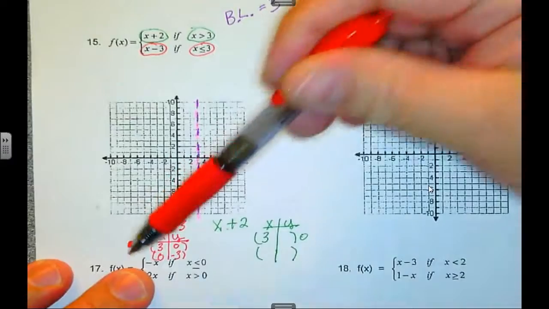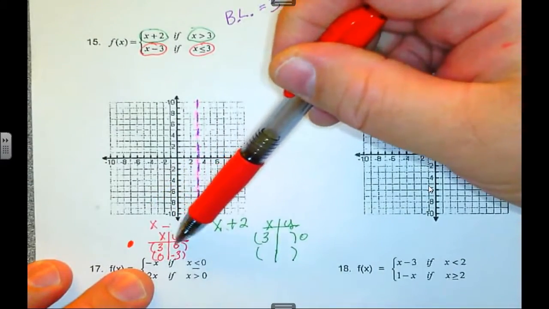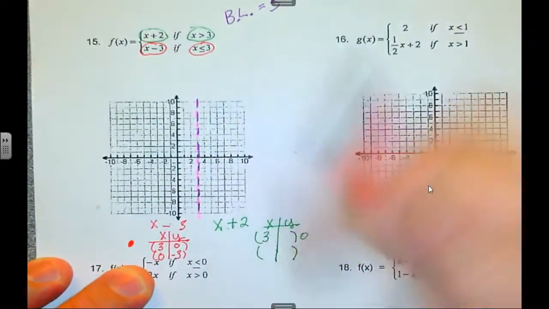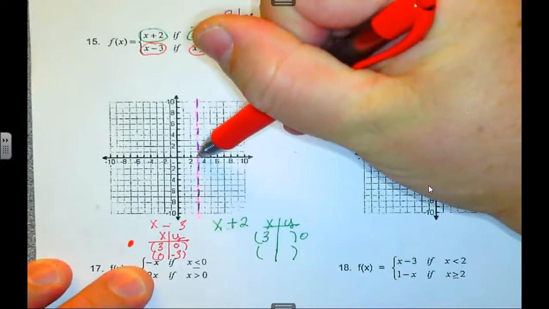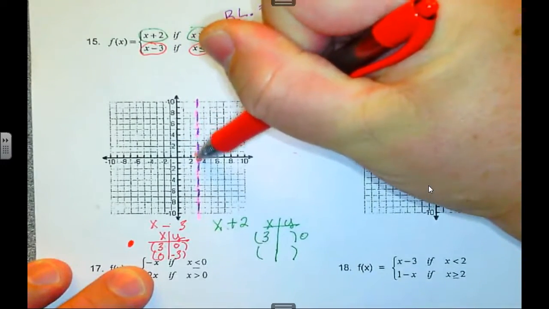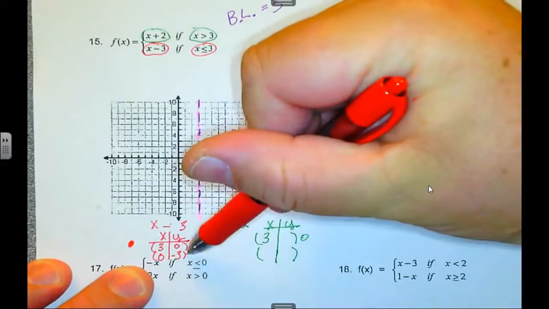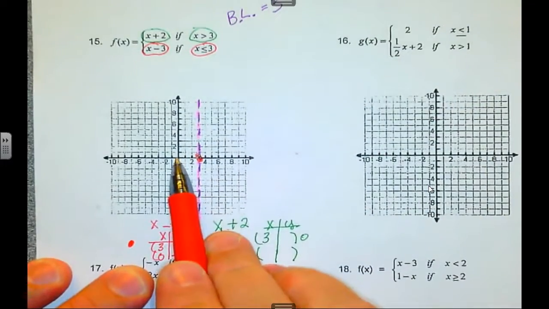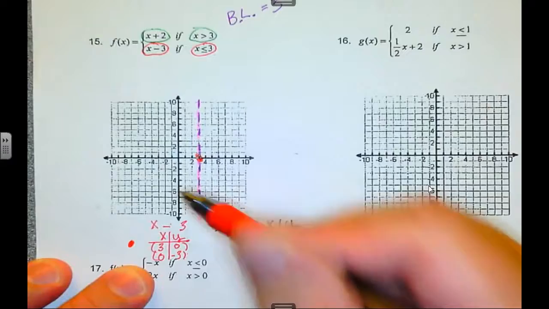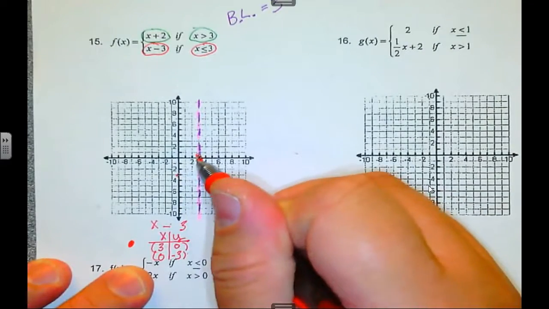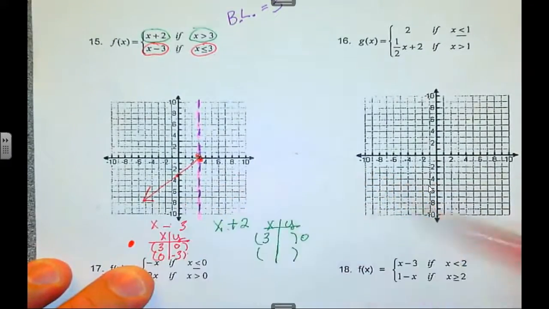So I have a closed circle at 3 comma 0, and then 0 comma negative 3 is another point. So here's my line for that.